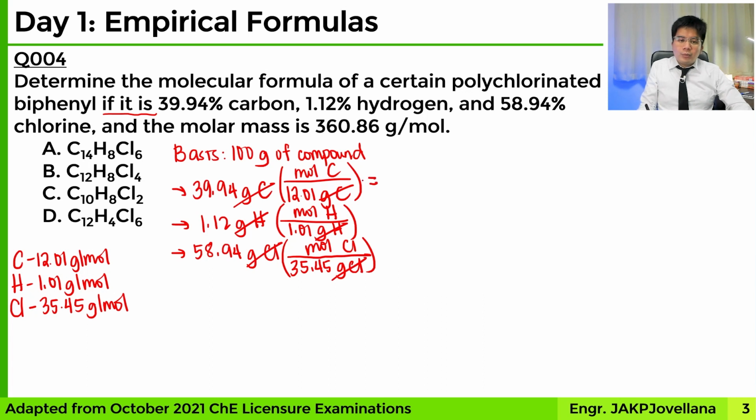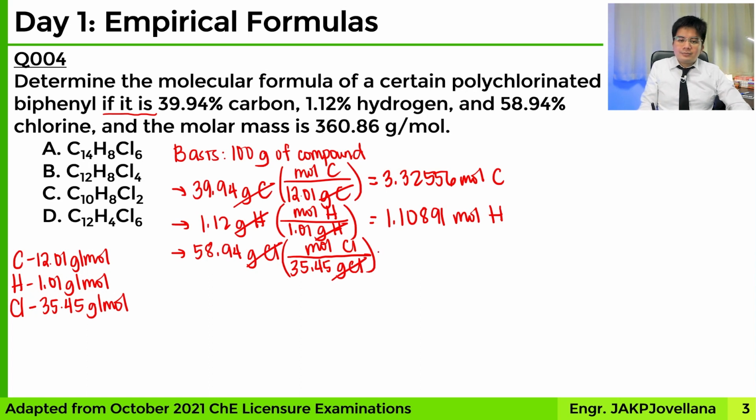So 39.94 divided by 12.01 gives us approximately 3.32556 moles of carbon. Next, 1.12 grams of hydrogen divided by 1.01 grams per mole, we have around 1.10891 moles of hydrogen.